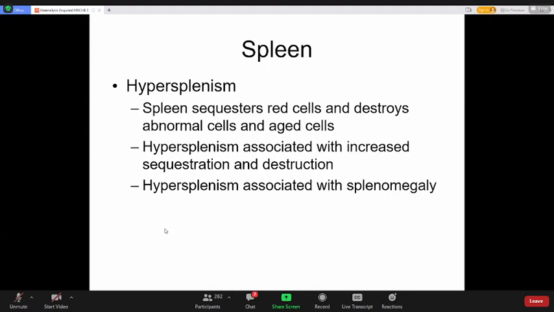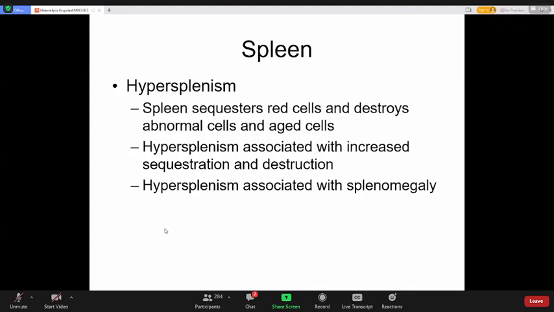This is a process that is seen in patients who have enlarged spleen, right? So patients with splenomegaly can get sequestration and they get hypersplenism.